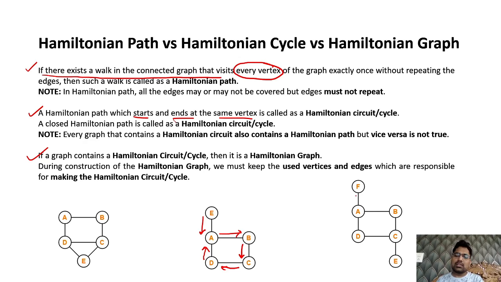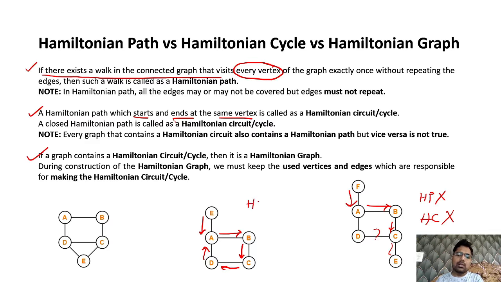Also for the same one, we can start from F, you can start from any one, but I just started with F, then B, then C. Here is a problem. Though a Hamiltonian path may be possible, definitely a Hamiltonian cycle is not possible. If a Hamiltonian cycle or circuit is not possible, definitely a Hamiltonian graph is also not possible.